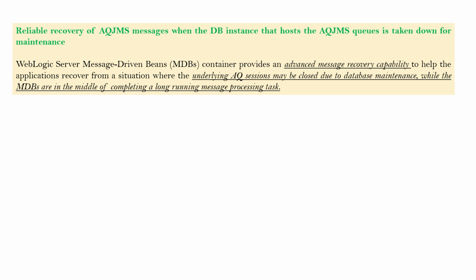If you have certain transactions where the messages are going to contact your database multiple times, it is good to store them in the database. Instead of storing that in WebLogic and then calling the database, you can directly store the messages in the database with the help of this advanced AQ JMS feature in the Oracle database.